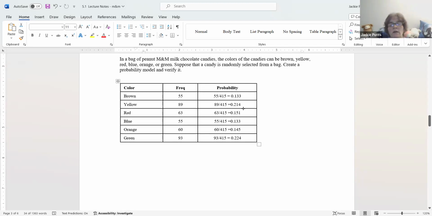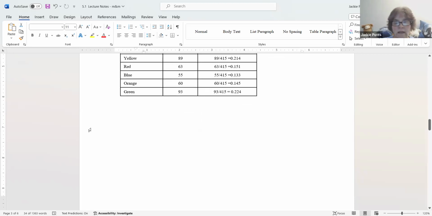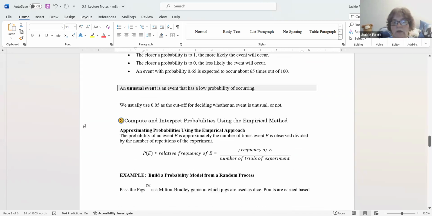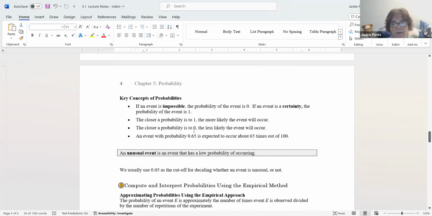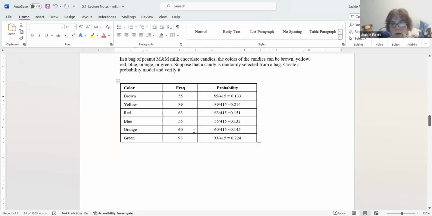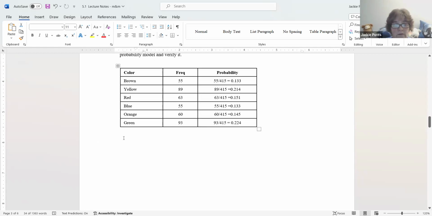So the probability of getting brown is 133 out of 1,000 M&Ms. You hear me translate? When you leave it as a bare percentage, like 65, but we don't. We go 3 decimal places, so it's really out of 1,000.